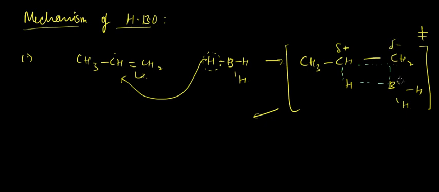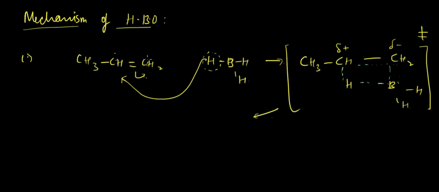So what actually happens is, this BH3 is an electrophile, right? So the double bond between this carbon atom and this carbon atom will be breaking up to create a partial positive and partial negative. Obviously it makes more sense to have a partial positive at this carbon atom and partial negative at this carbon atom.